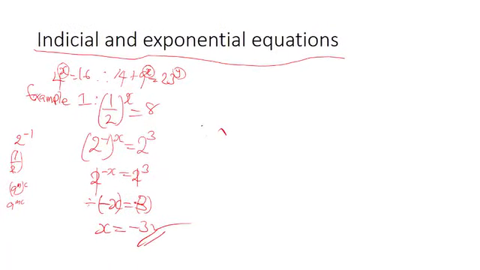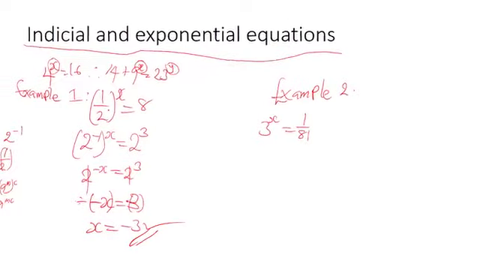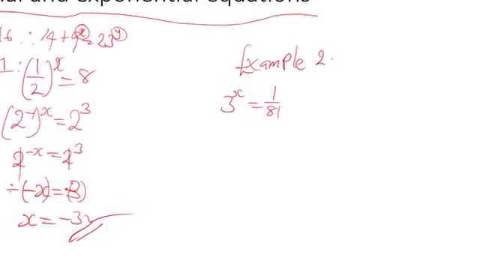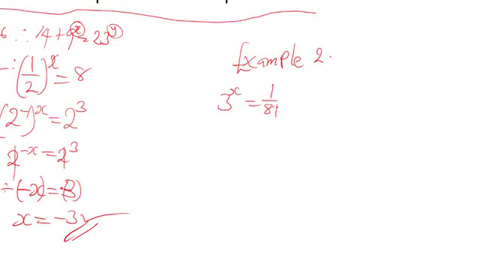This is a very wonderful way of solving an exponential equation. We can still attempt it again by solving example 2. Let's solve more examples on this. Now when you have an equation of the form 3^x = 1/81, the same thing we did here by writing 1 over 2 as 2 raised to power minus 1, we have to apply it here too.